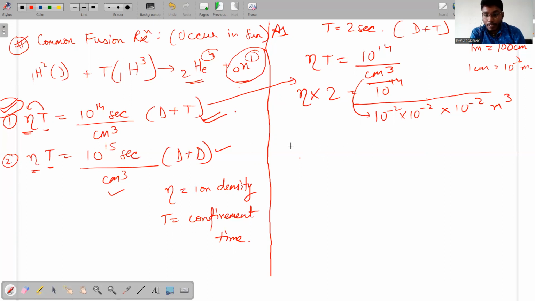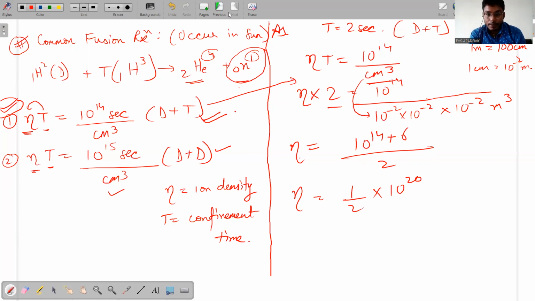Now we can solve. We need to find the ion density. Ion density is equal to 10 to the power 14, and with minus 2, minus 2, minus 2 in the denominator, it moves to the numerator and is added as plus 6, divided by 2. So it will be 1 by 2 into 10 to the power 20.